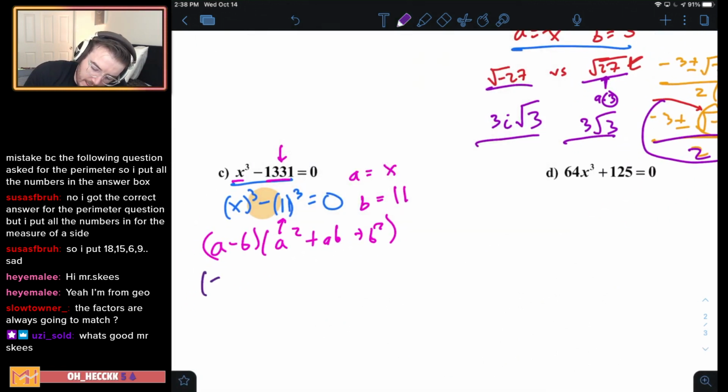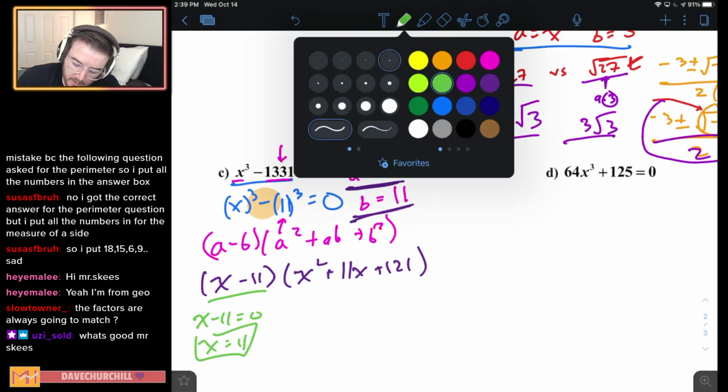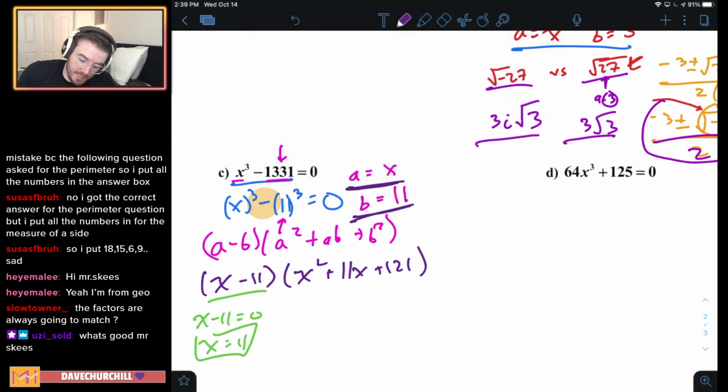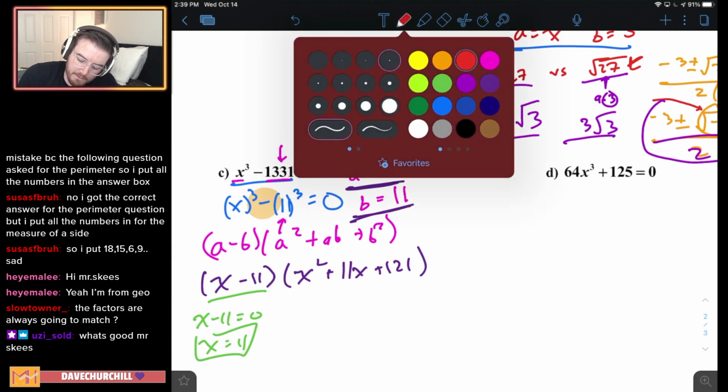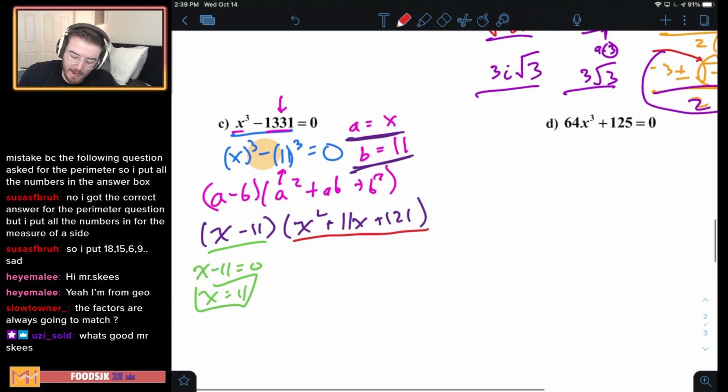So a minus b, a squared plus a times b, that's 11x, and then b squared, that's 121. Like I said, this one gives you your easy solution. And spoiler alert, once again, this is not going to factor.